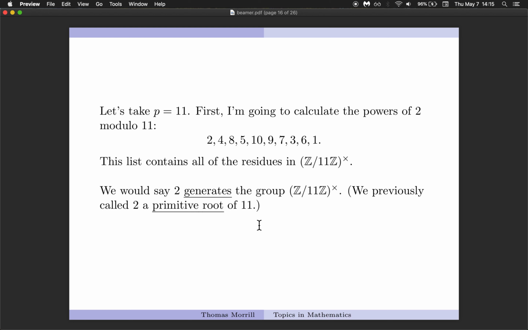More broadly, in stranger and more diverse groups, I would say that 2 generates this group, Z mod 11Z times. 2 generates the group of units, mod 11. Okay, so this is going to be our key for understanding why the group of units behaves like Z mod 10.